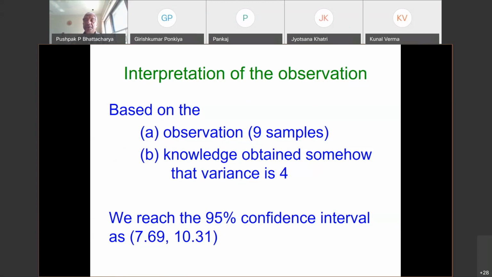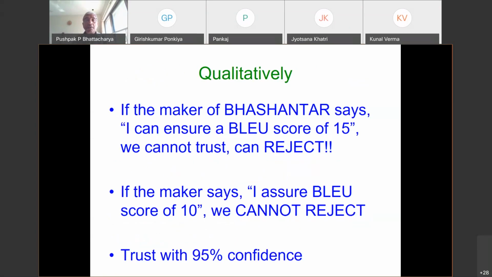What is the consequence of this? If the maker of this Bhashantar system, the company, says that I can assure you that the BLEU score of 15 will be obtained, you run my translation system, Hindi to Konkani translation, I guarantee that you will get a BLEU score of 15.